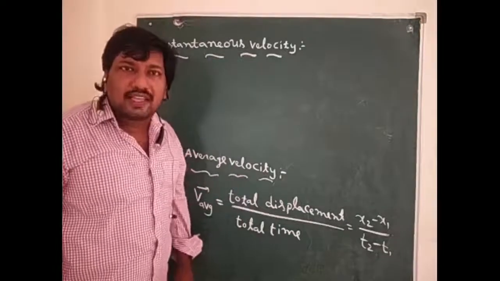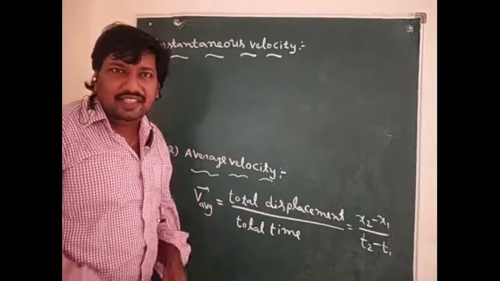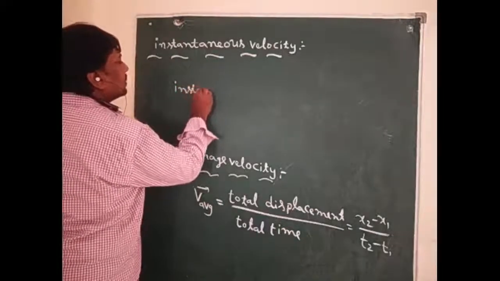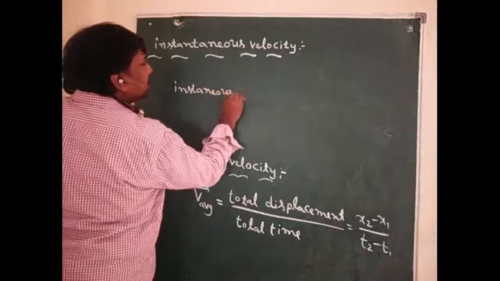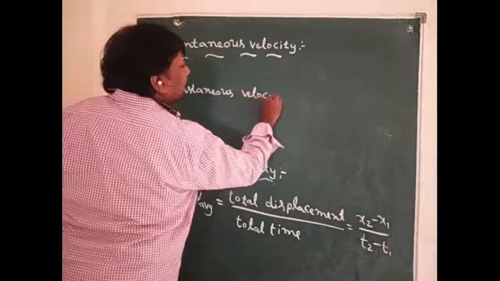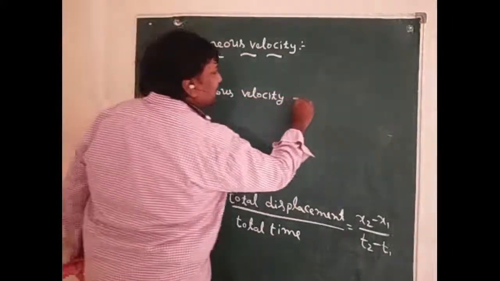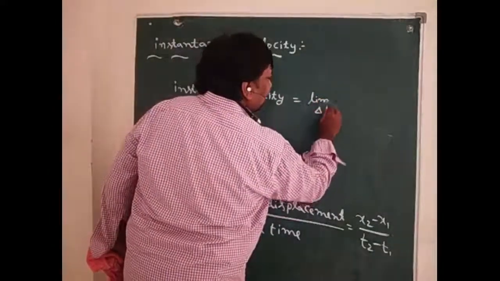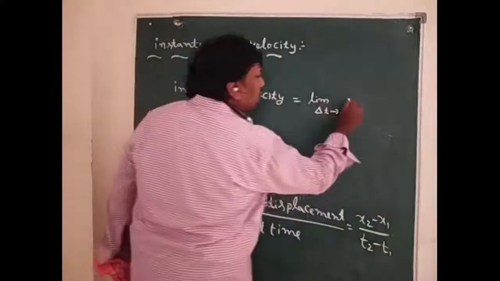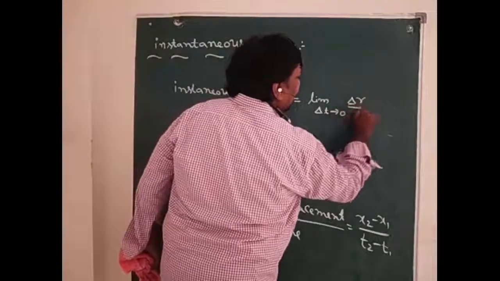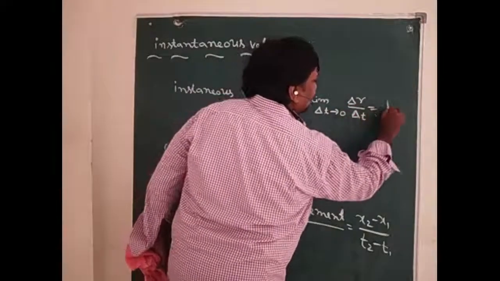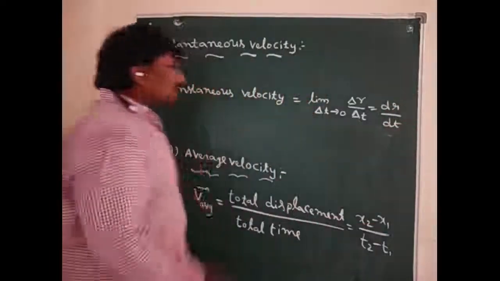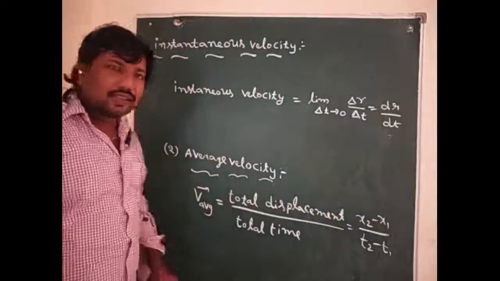Instantaneous velocity is equal to the limit as delta t tends to 0 of delta r by delta t. So it is equal to dr by dt. This is the instantaneous velocity.